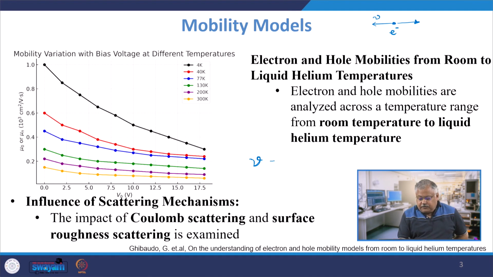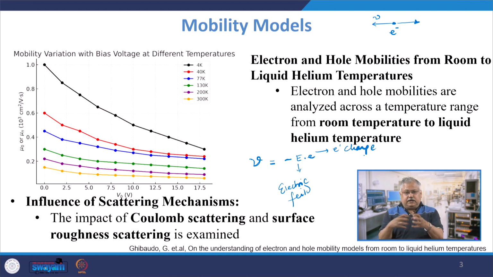My velocity v will be given by minus e times E, where e is the electronic charge and E is the electric field. These are the two factors, electronic charge and electric field. Obviously there is a negative sign, because the electron is moving in the opposite direction.